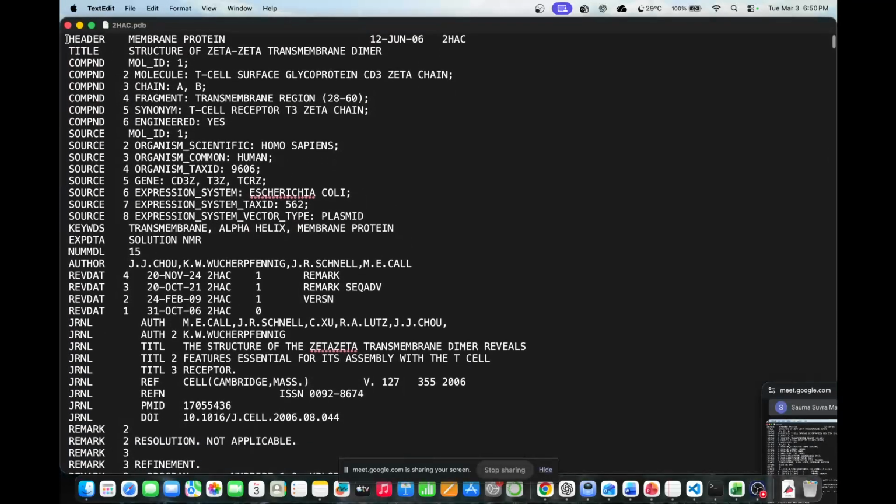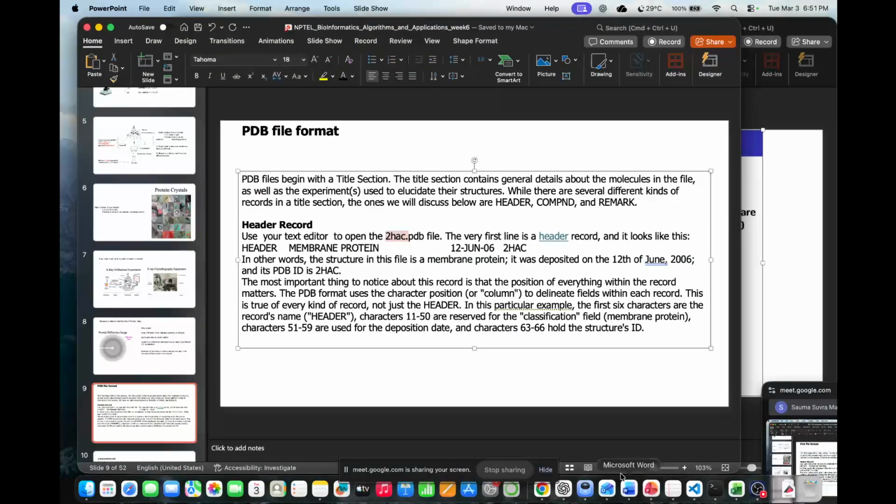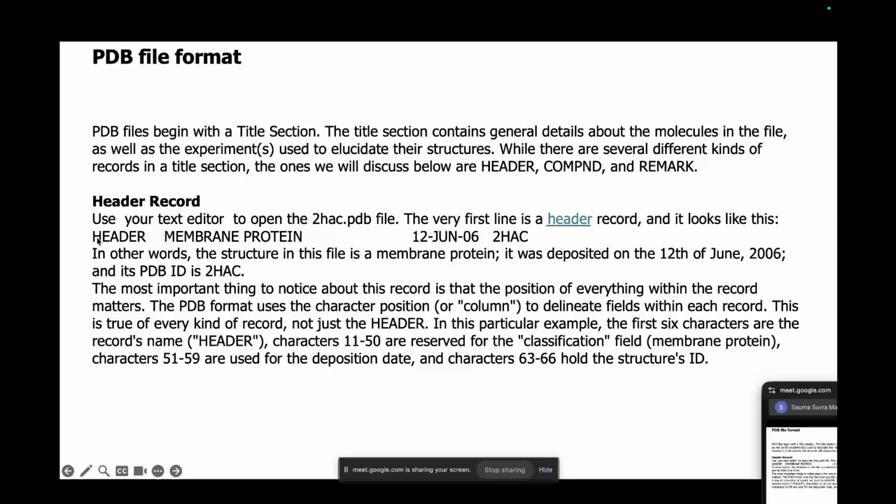It describes the protein, when it was submitted, and the ID of the protein. It's the first line that you're going to see, right? So the header will look like this sometimes, and what it is telling you is that it's a membrane protein, when it was deposited, and what its PDB ID is.